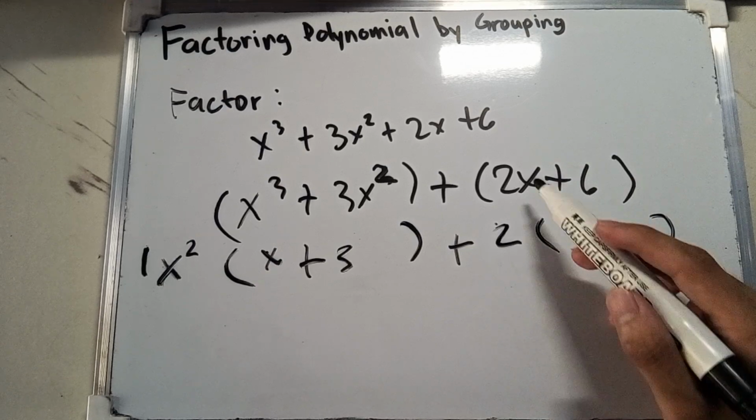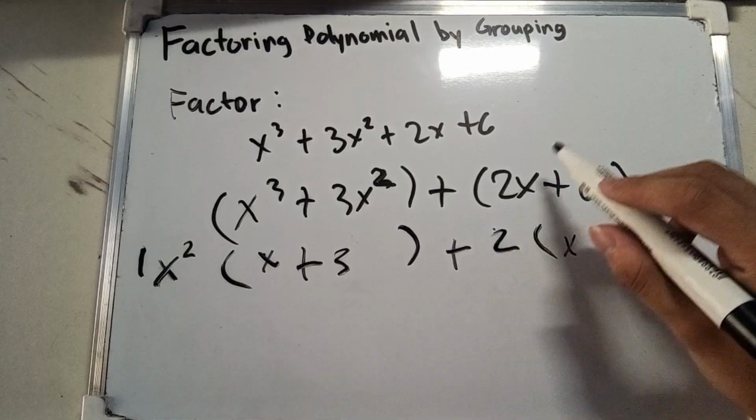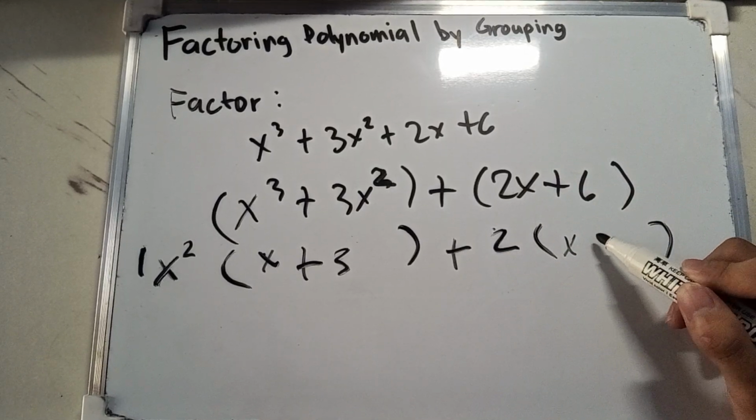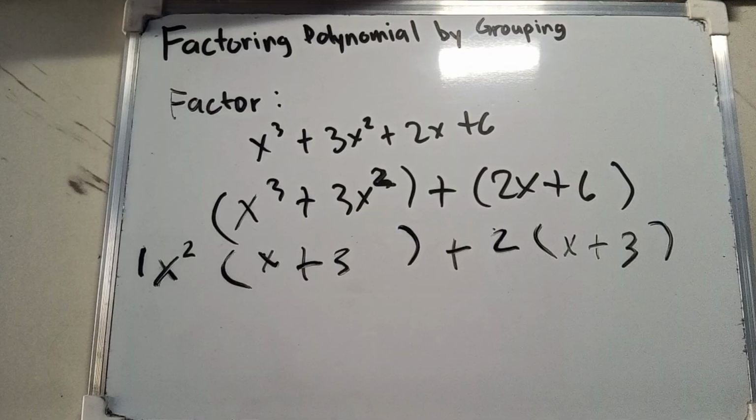Now let's divide. 2x divided by 2 is x, since we cancel the 2. Okay, and 6 divided by 2 is 3. And this is our polynomial after we get its common factor.